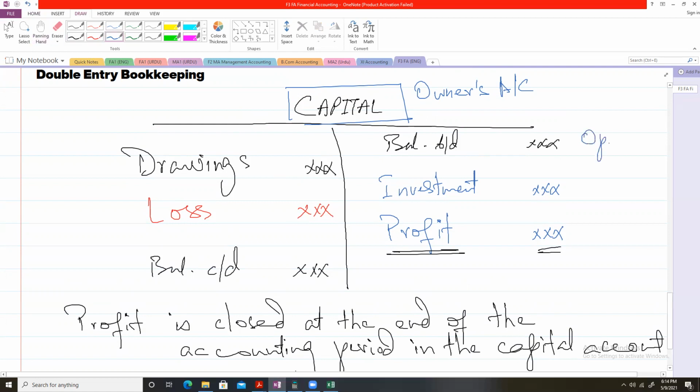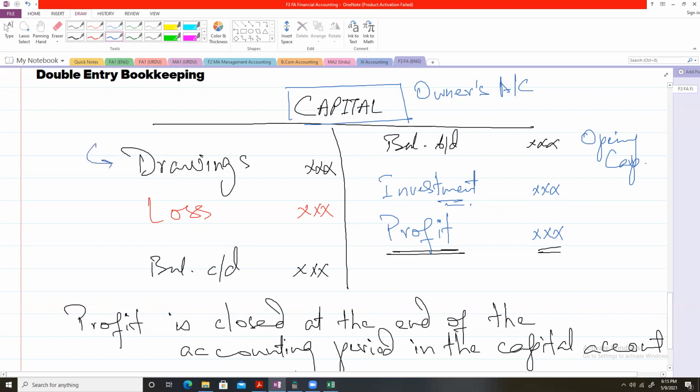Opening capital appears on the credit side of the capital account. Any investment made by the owner is credited to the capital account because investments increase the capital. Any profit made by the business also increases the capital account. That's why at the end of the accounting period, we credit the profit to the capital account.